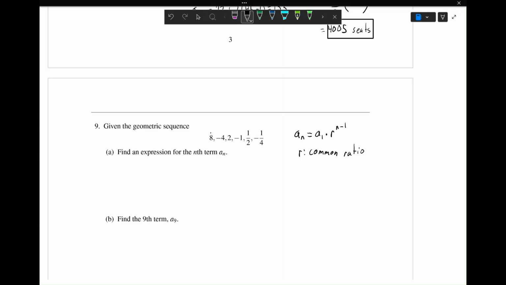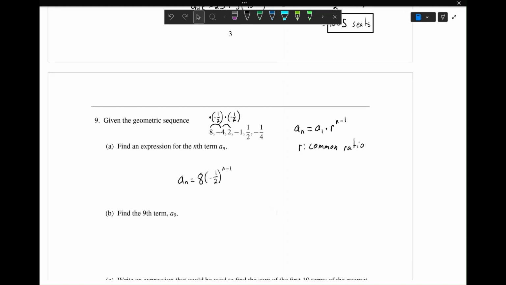And I look at these terms and it looks like I'm dividing by 2, but I'm switching signs. So dividing by 2 is the same as multiplying by 1/2. And since I'm switching signs, it's times negative 1/2. So that means my nth term is my first term, which is 8, times negative 1/2 to the n minus 1 power.